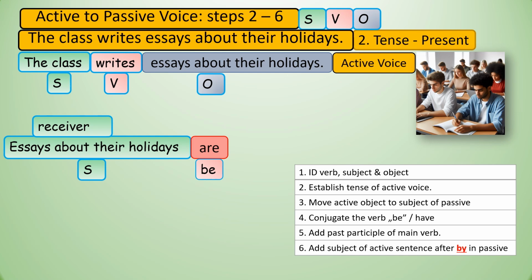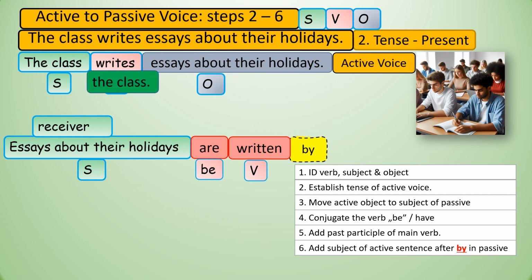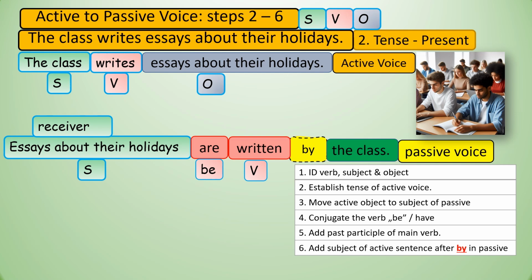Essays are. There's our past participle of write, written by the class. And that's the last part, the subject of the active sentence after by in the passive. And that is our passive voice complete.